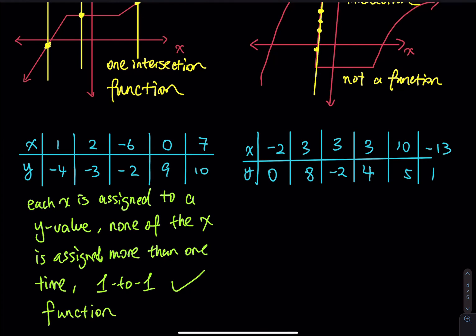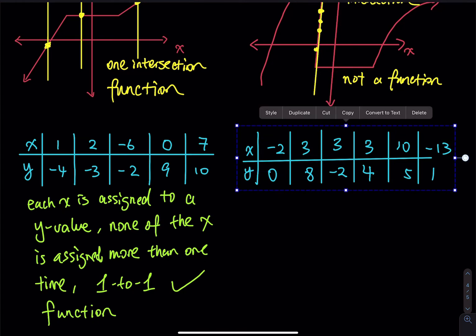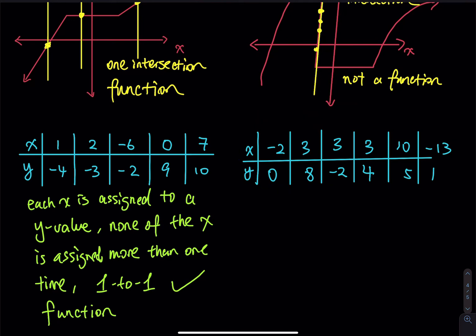How about the second table? So the second one, I want to do a what if. So before I draw anything, I will just copy this table first. Okay, so now I'm going to do the work. Do you see that there is a 3, 3, 3, and 3? So when you see a duplicate x value, pay attention to that. So 3 is assigned to 8, but in the next 2 points, you use the same x again, and 3 is assigned to -2 and past the 4.